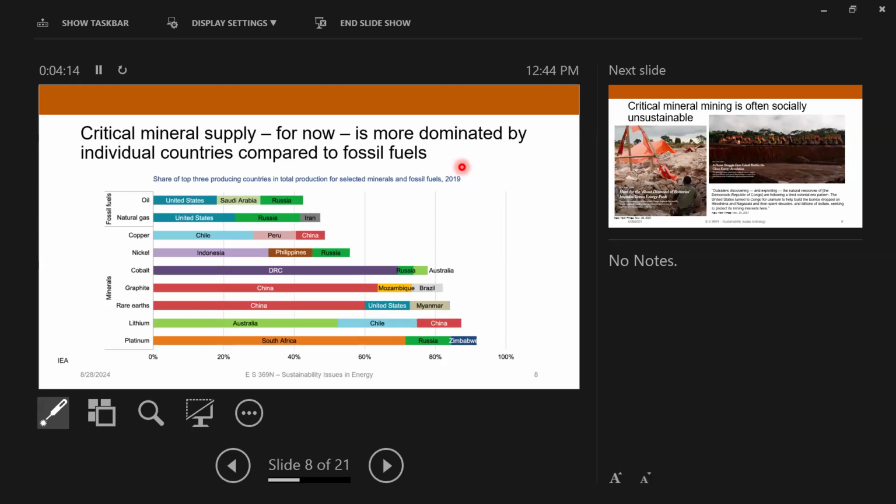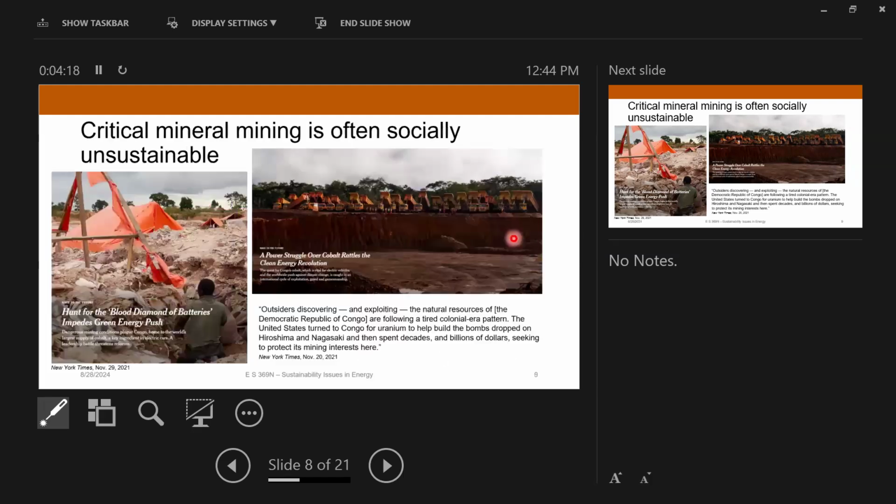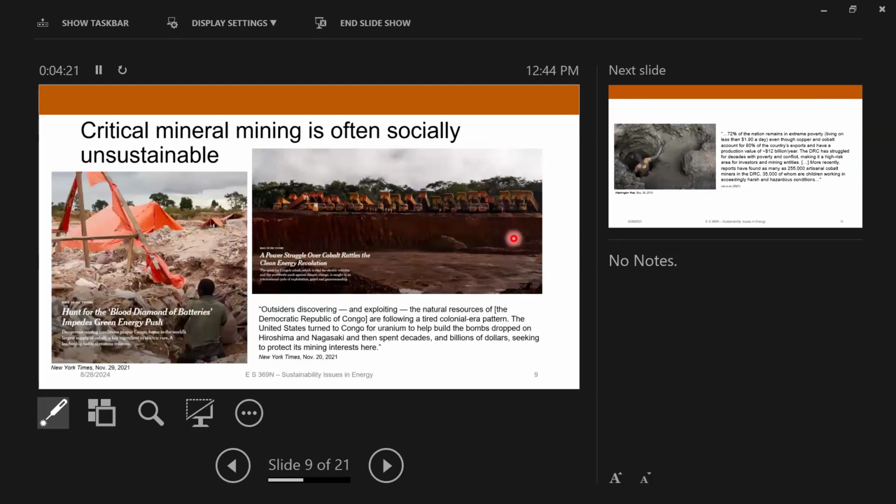Okay. Another issue with critical minerals is that the mining itself is often socially unsustainable. The New York Times had a good series of articles a couple of years ago about cobalt mining in the DRC. In addition to some of the environmental consequences of mining, there is a social instability that comes along with this.